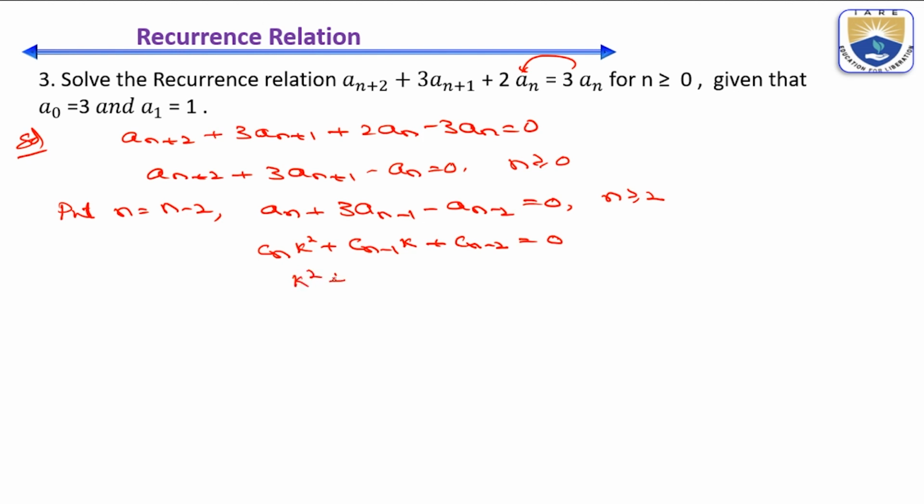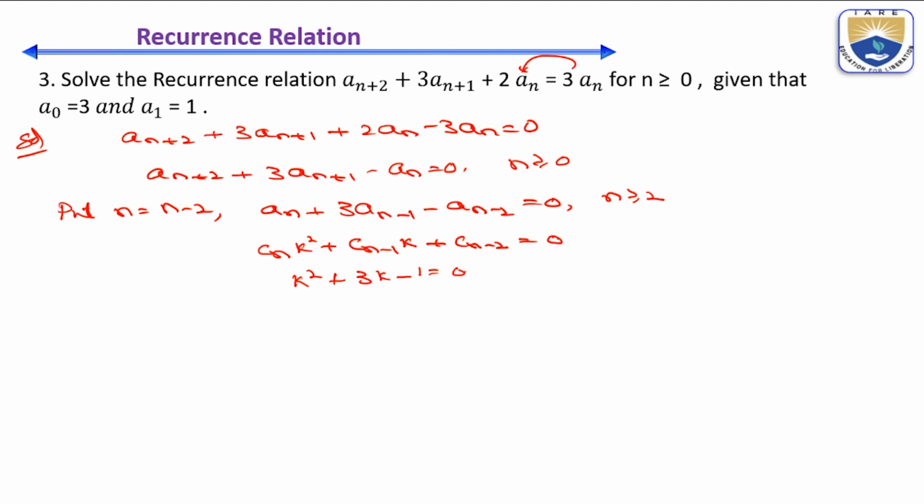So k square plus 3k, and the next one is minus 1, because C_{n-2} is minus 1. So k square plus 3k minus 1 will be the auxiliary equation for the recurrence relation.